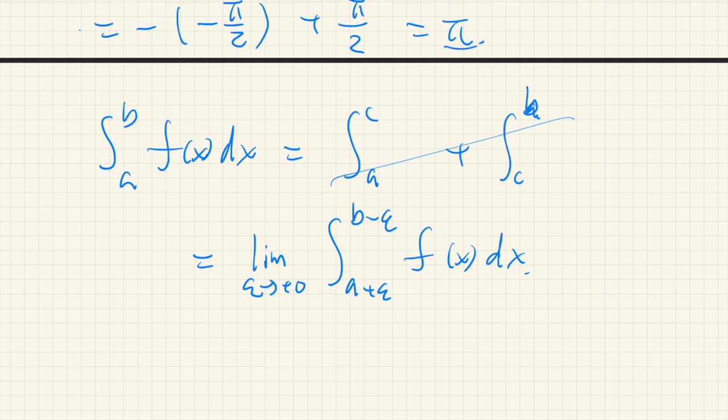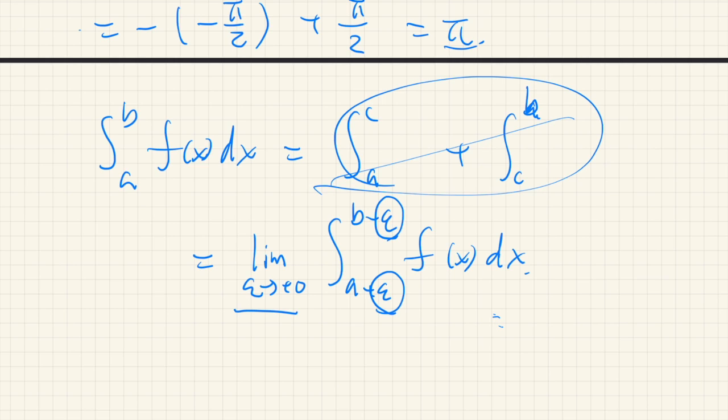That means this epsilon and this epsilon are the same epsilon, so we only use one epsilon here. Calculating the improper integral like this is wrong. It can give different results than the correct definition.